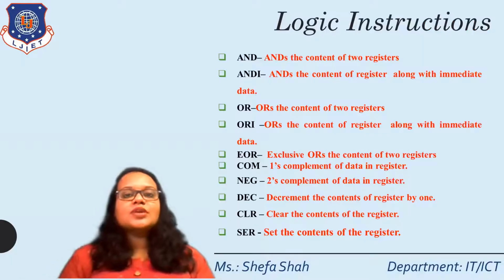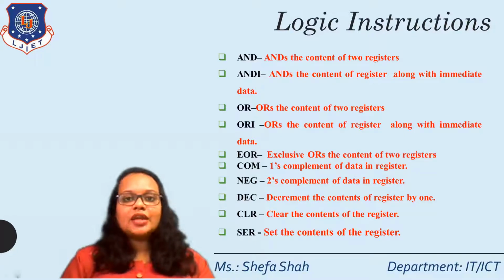Now, as you can see, these are the listed logic instructions in our assembly language programming of ATmega32. The first is AND. What will it do? It will logically AND the content of two registers.